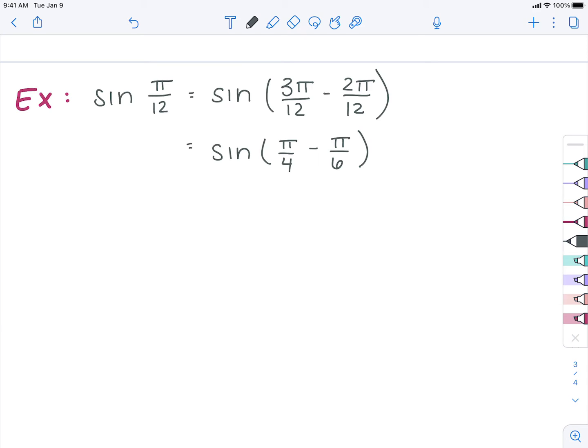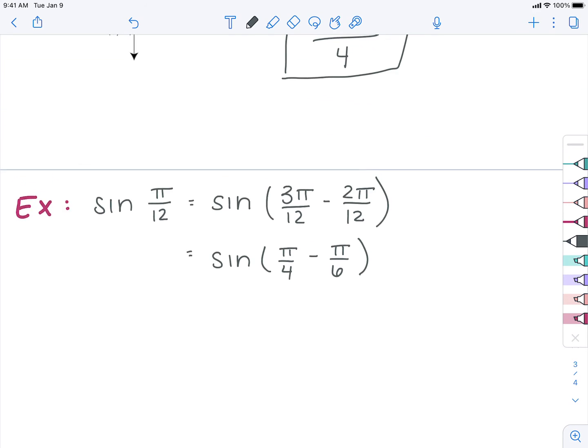So when dealing with radians, I need to come up with equivalent fractions that subtract to the one they're giving me, but also reduce to numbers that are actually on my unit circle. There might take a little bit of guessing and checking here if you're not too comfortable with equivalent fractions, but you're looking for two fractions that when you subtract them, give you what you're looking for.